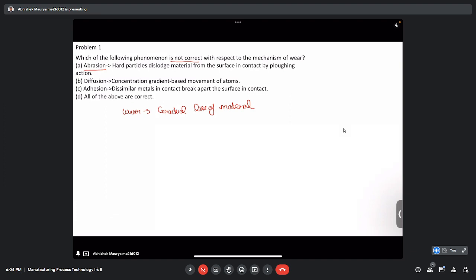So there are different mechanisms of wear. Out of them, one is abrasion wear. In abrasion wear, what happens? Suppose we have two bodies, like here, and another body.